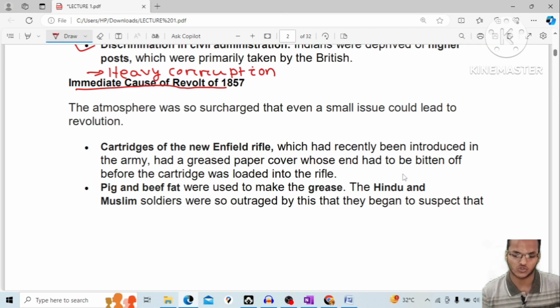So the Enfield rifle cartridge had to be bitten off by the teeth before the cartridge was loaded into the rifle. और ये जो cartridge था, it was coated with the pig and beef fat. मतलब animal fat was coated. The animal included the pig or the beef, but even it was the cow. So the grease has to be bitten off by the teeth before using it.